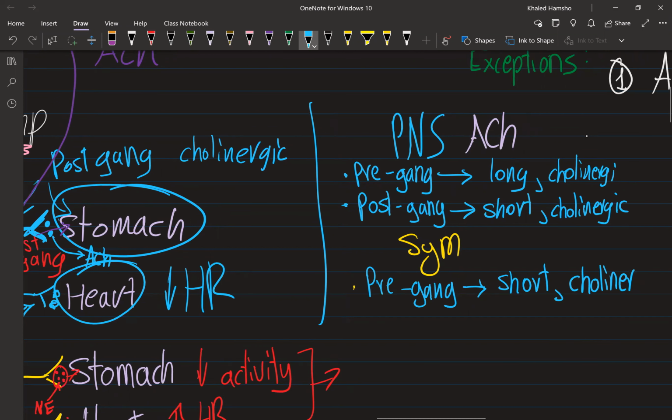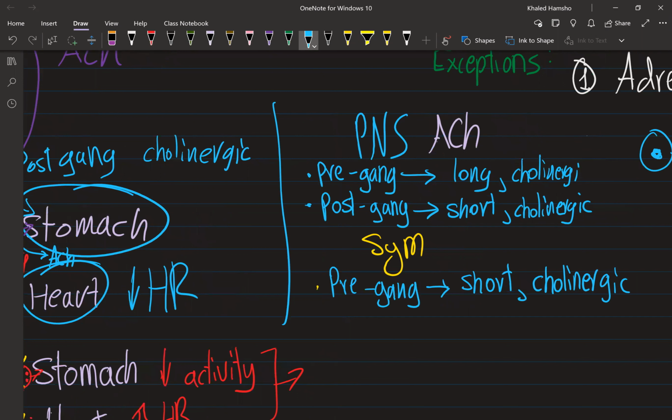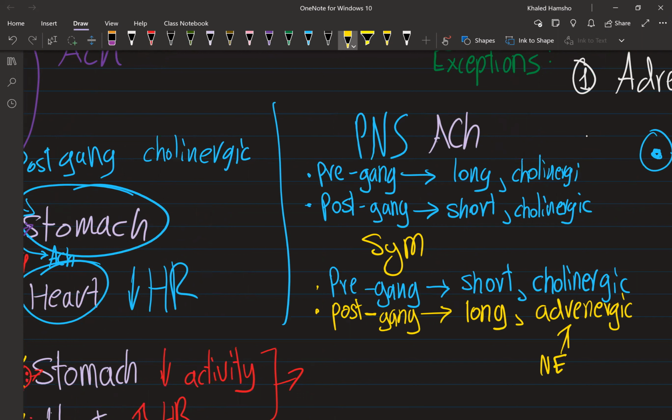That means it uses acetylcholine. The difference lies in the postganglionic neuron after it leaves the sympathetic chain. This neuron is long and adrenergic, meaning it uses norepinephrine. Cool. So this is the differences between these two neurons.